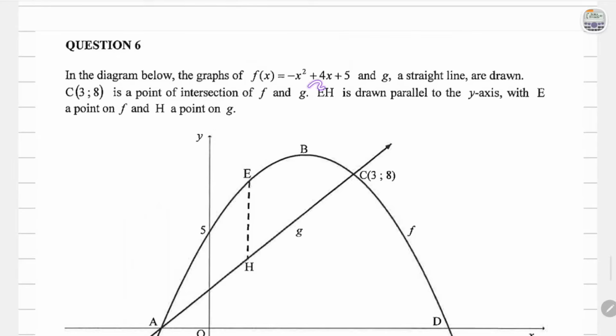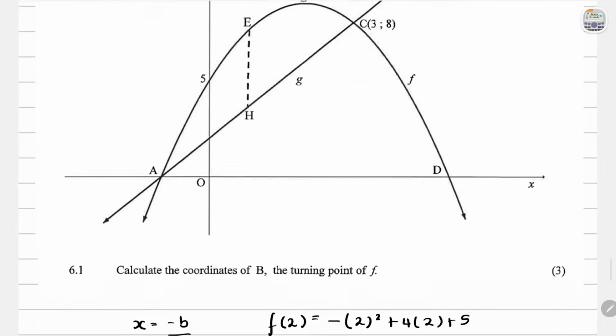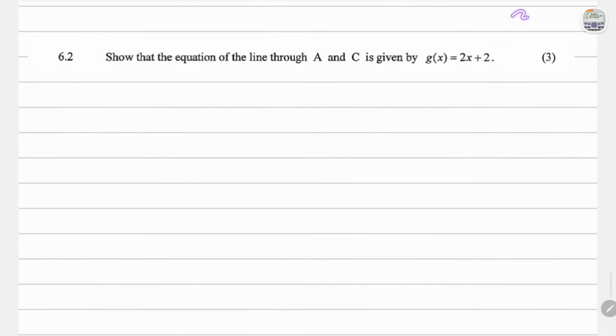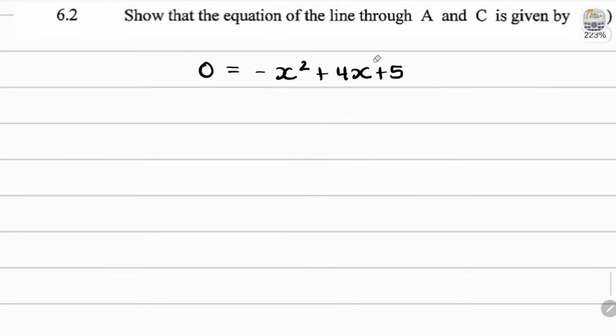So let's go ahead and do that. This is the equation of the parabola, and we'll set it equal to 0. At this point, you can multiply both sides by negative 1 to make it positive. So we have x squared minus 4x minus 5 equals 0.